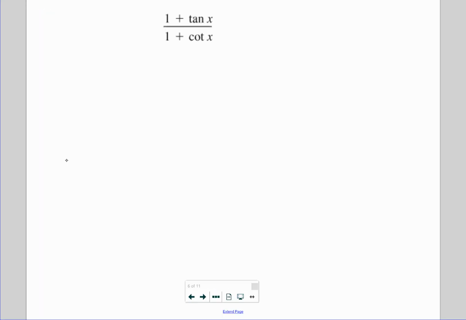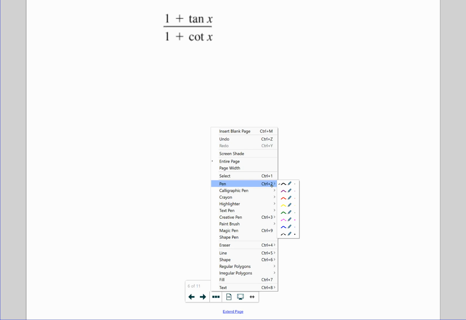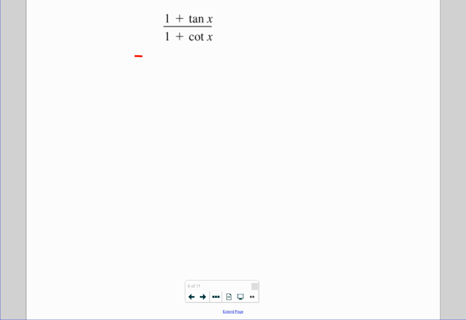Let's say I did this with sines and cosines instead. So, what's tangent in terms of sines and cosines? Sine over cosine. And what's cotangent? Cosine over sine. 1 plus cosine over sine.